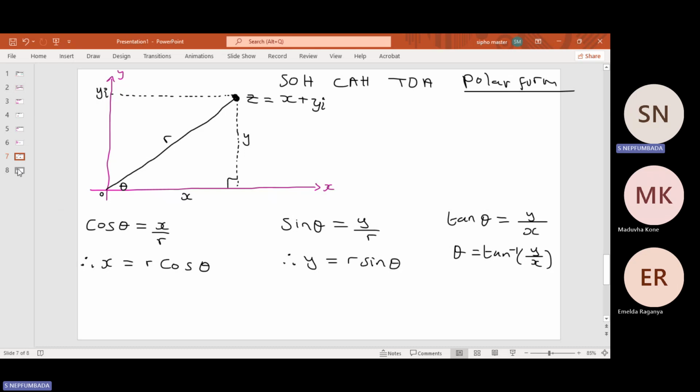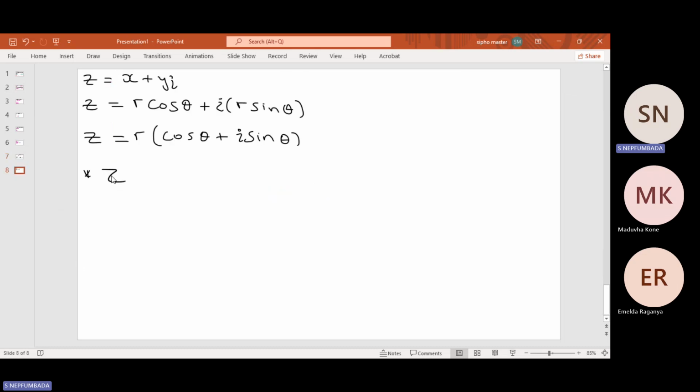Since sometimes our z is given by a plus ib, our modulus r is equal to the square root of a squared plus b squared.